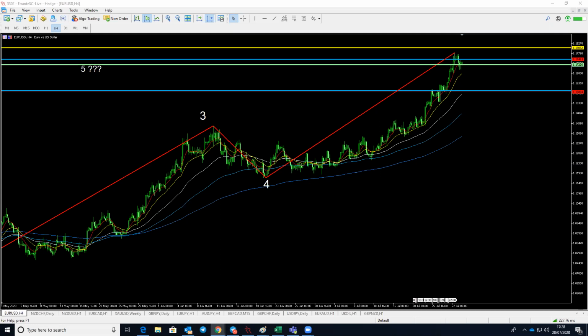We've got two high impact data releases for Australia tomorrow, at about 9 o'clock in the morning for you guys in Malaysia, and it's about 4:30 in the morning for me here, early morning basically.